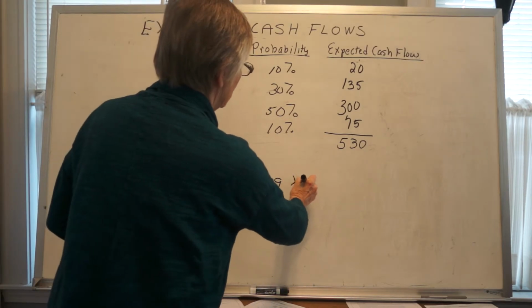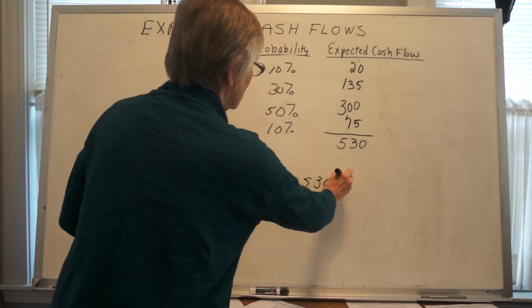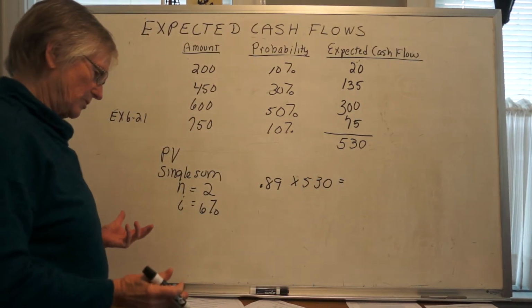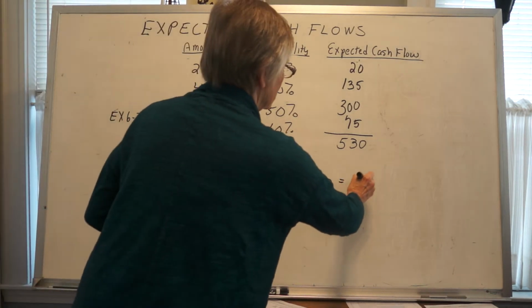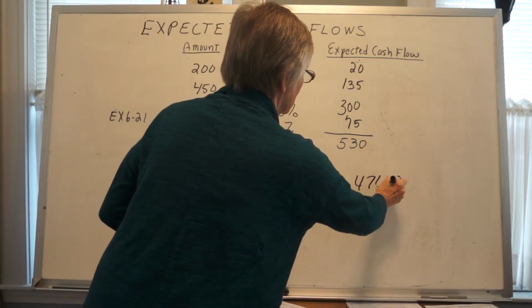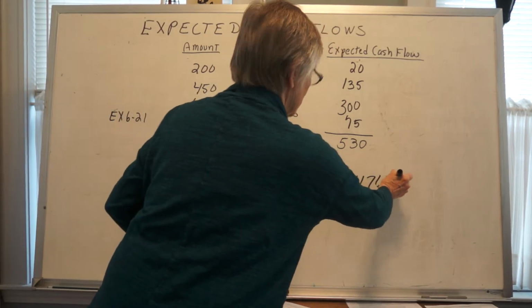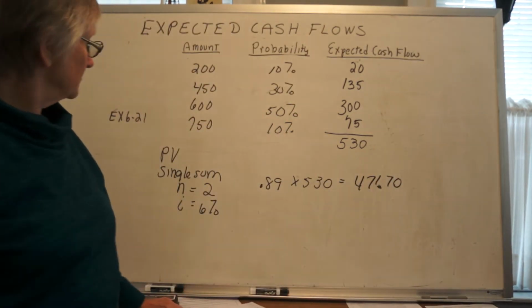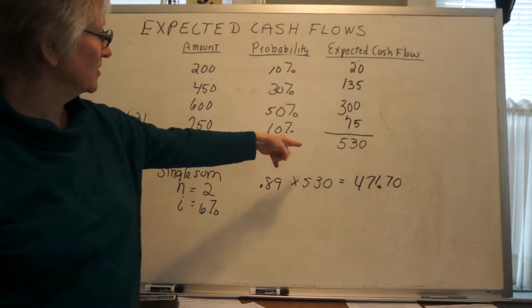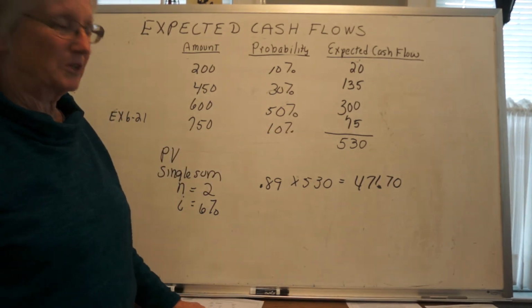So times that 530 would tell you how much you need to deposit today, which is $471.70. Whoops, I think I could have just rounded that. $471.70 to have the appropriate amount saved up when he needs it.